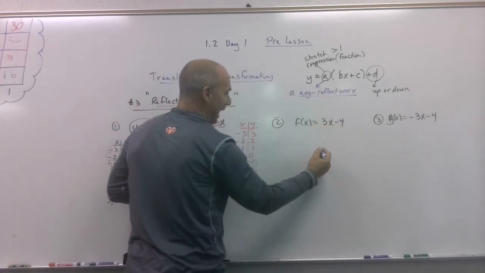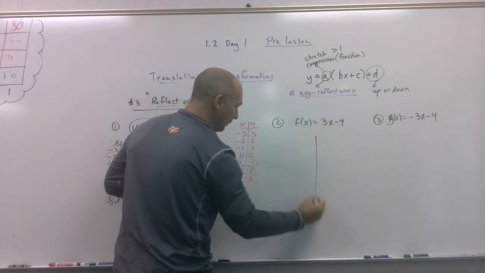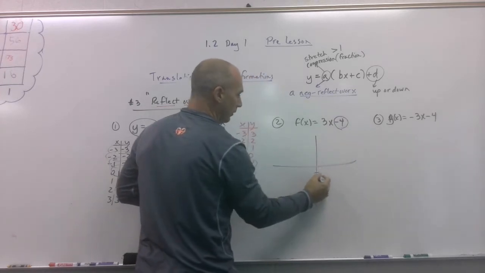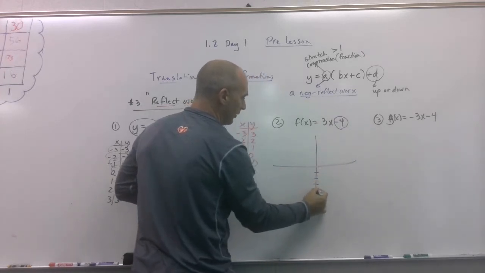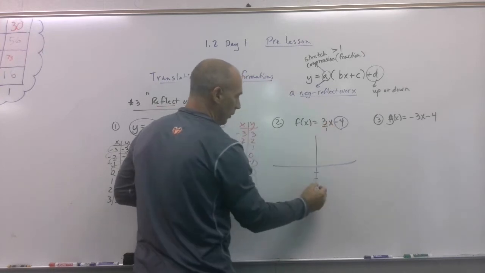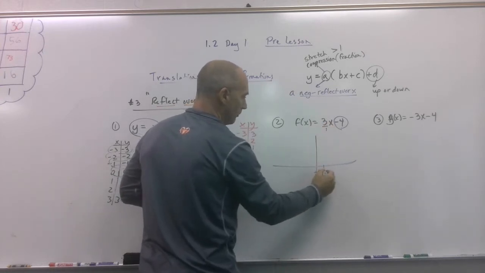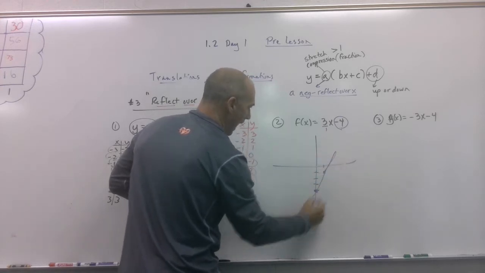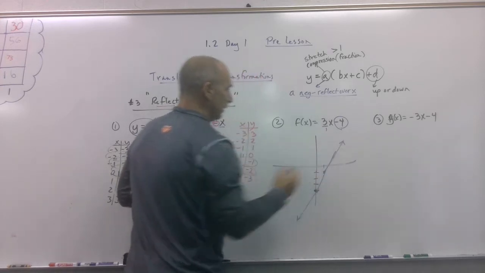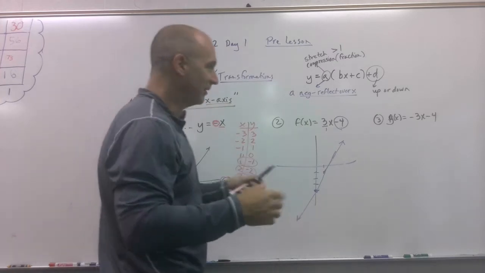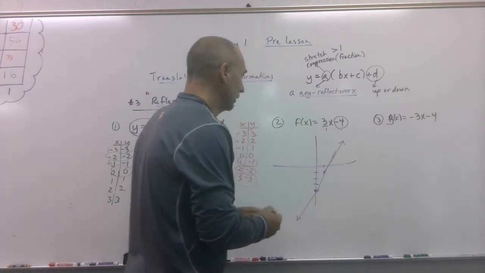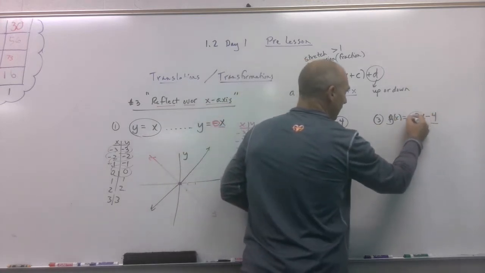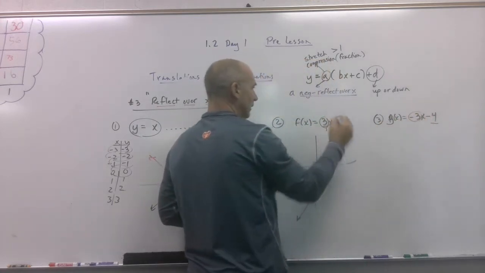Let's take this guy, graph him, based on how we know to graph. -4, 1, 2, 3, 4. There's our y-intercept. Slope is 3 over 1. 1, 2, 3, right 1. And it would look something like that. Now, the key to this is, look at this, -4, -4, -3, +3.